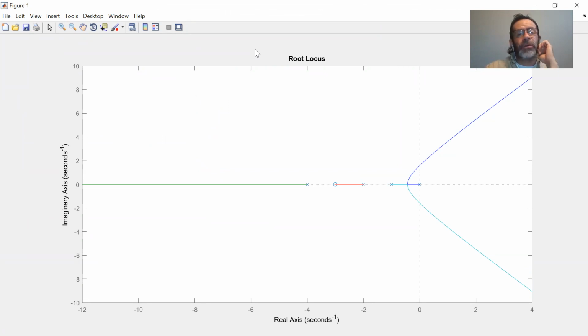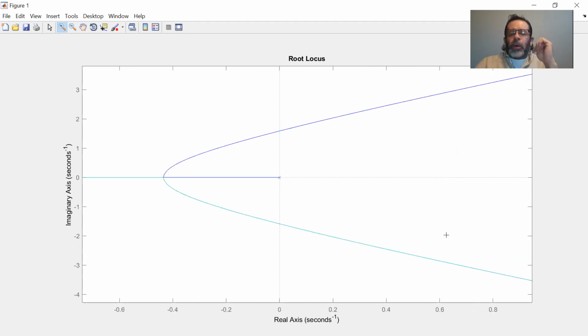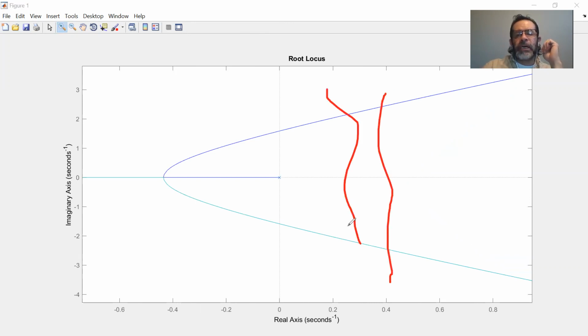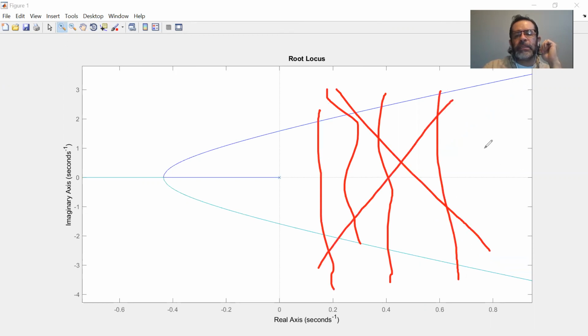So again, if I zoom in on this part here, I know that anything on this side is unstable. The system is going to be unstable.